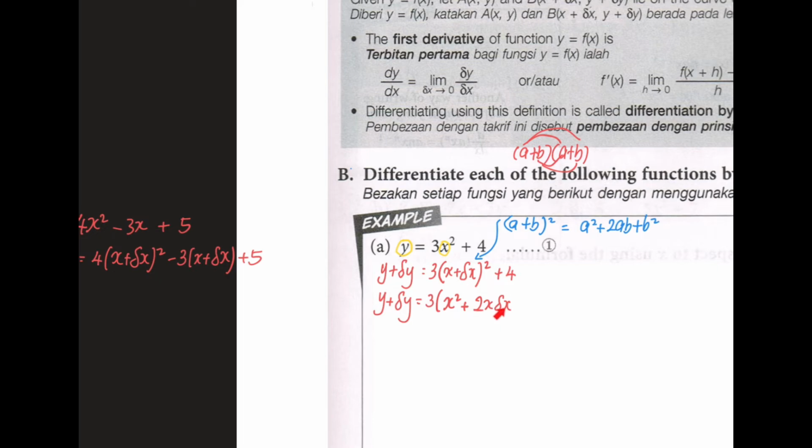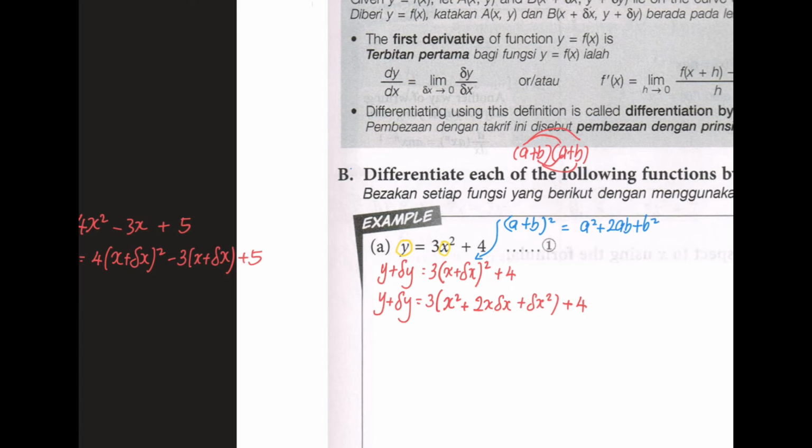So just leave it like this. And then b squared, delta x squared, plus delta x squared. And then plus 4. So what happened is I expanded the bracket here, and then I get a squared plus 2ab plus b squared.